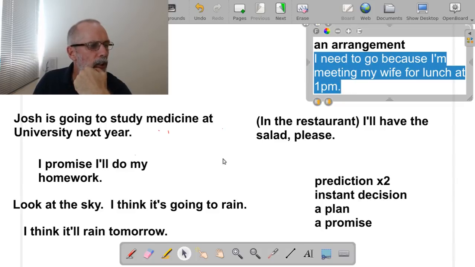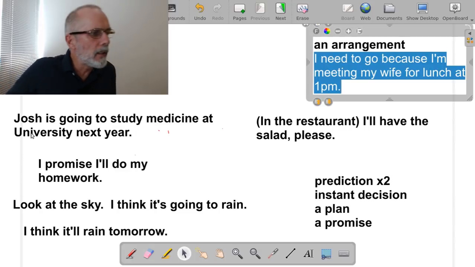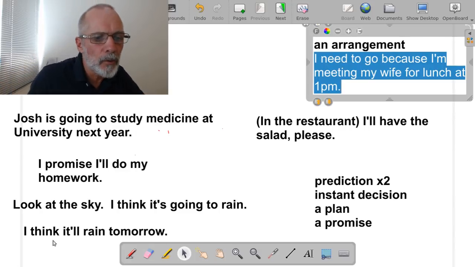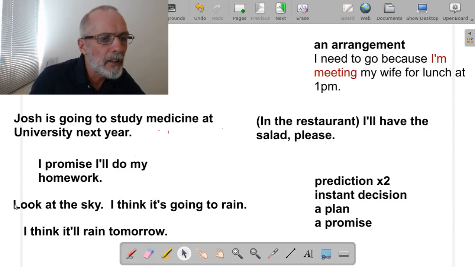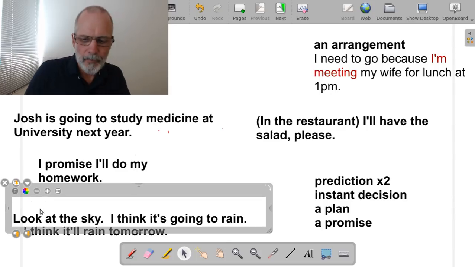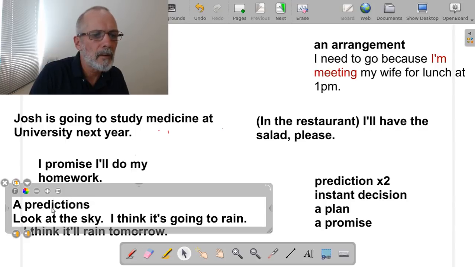Going to rain, it's gonna rain. Yeah, Best says it's gonna. That's interesting, but we'll discuss that later. It's going to rain. That is one prediction. Look at the sky. It's going to rain. Prediction.